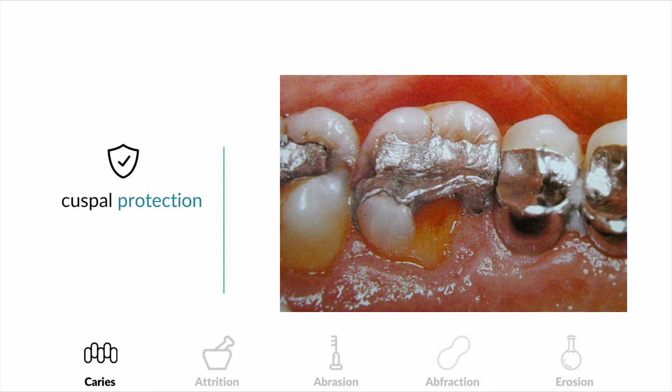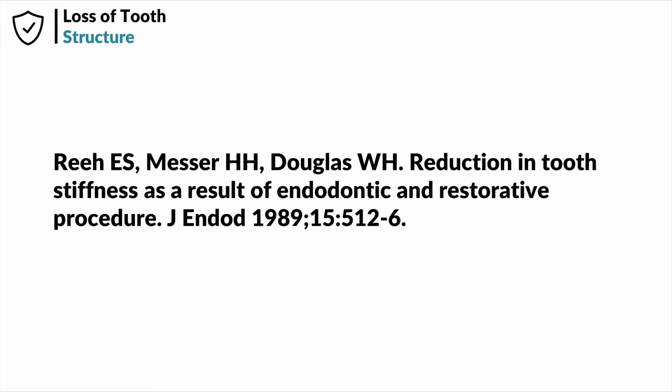So cuspal protection becomes one of the first things we should think about in making this decision as to whether we need to redo an MOD filling, let's say, or if we need to protect the whole tooth by crowning it and circumferentially covering the tooth. It is more invasive in the sense that you're grinding down more tooth structure, but you are protecting the integrity of the tooth by preventing the cusp from fracturing out.